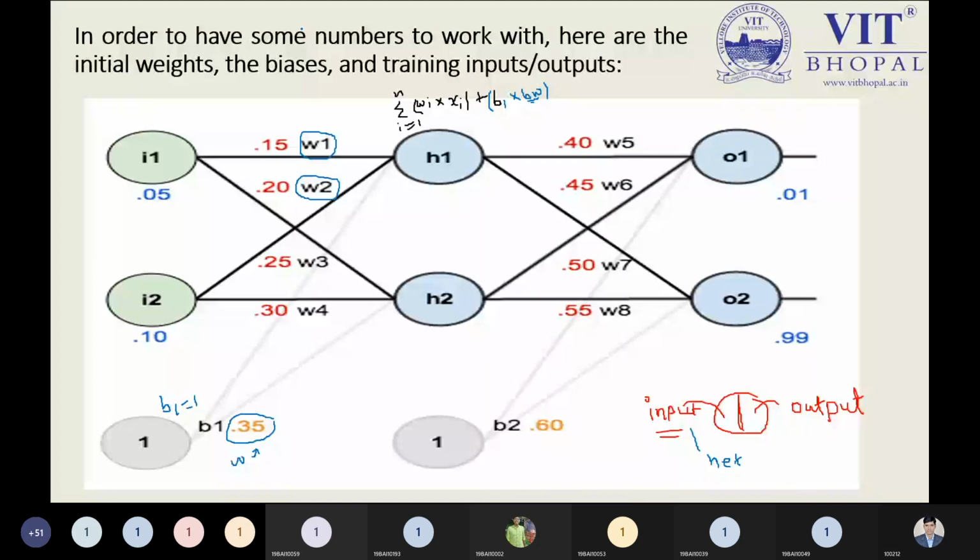See, 0.05 multiplied by 0.15, okay, plus 0.10 multiplied by 0.20, and then at last you will add 1 multiplied by 0.35. So you will get the answer.